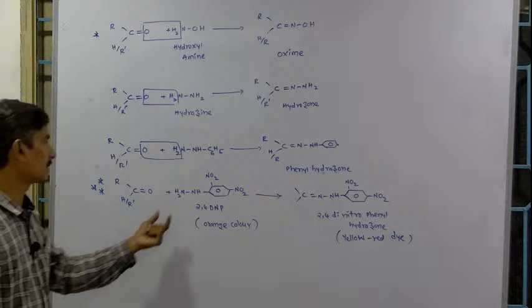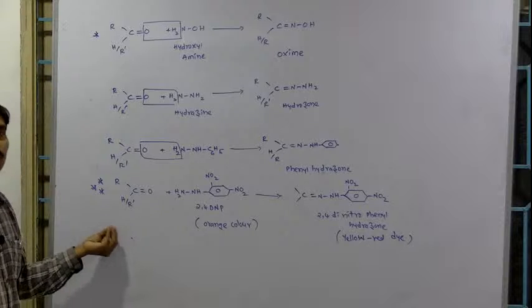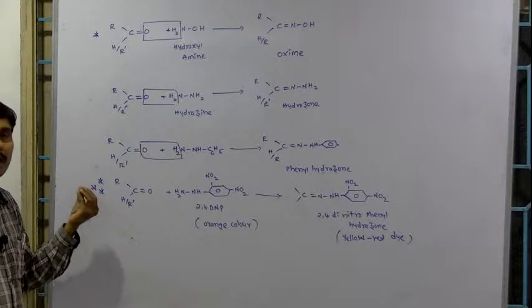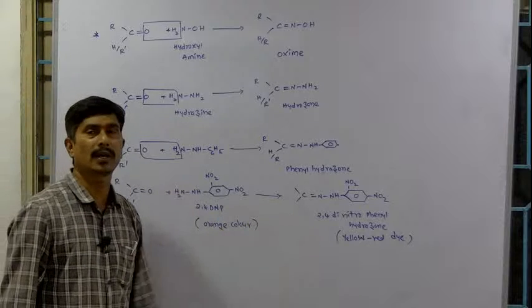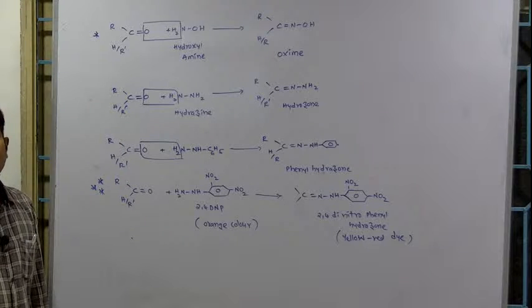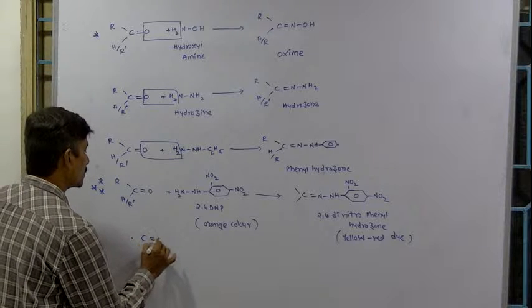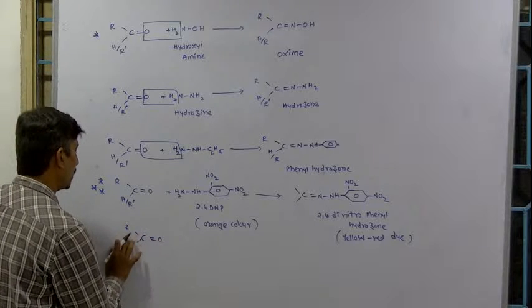That is nothing but 2,4-DNP. Addition of this to any carbonyl compound, whether aliphatic or aromatic, converts it into a yellow-red color dye.